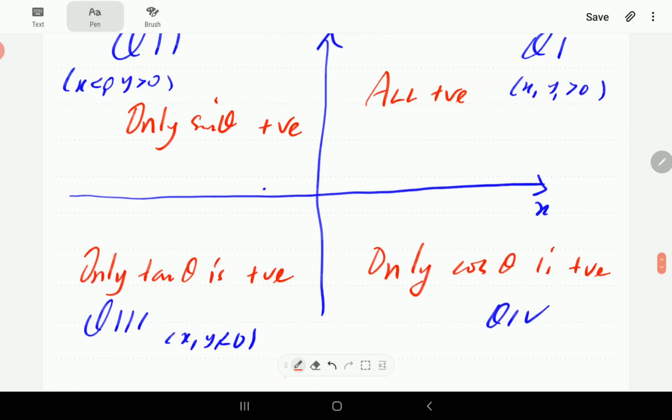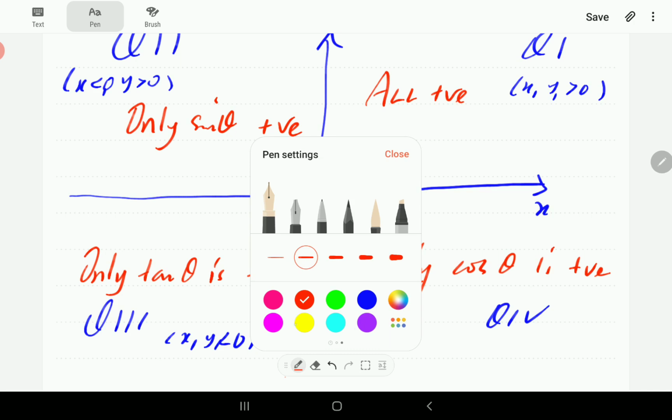So this information is going to be very important for basically everything we are going to do from now onwards. There are different ways of remembering this.